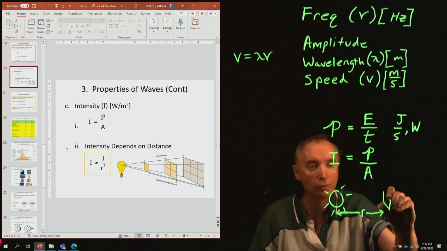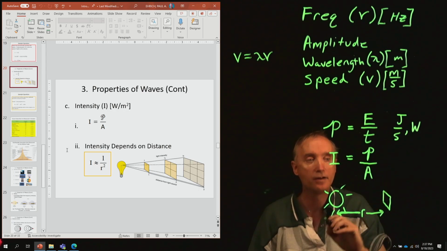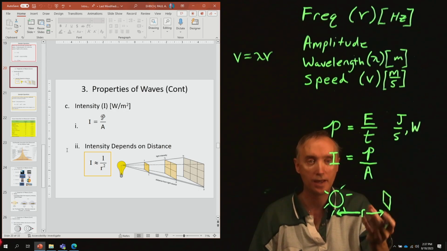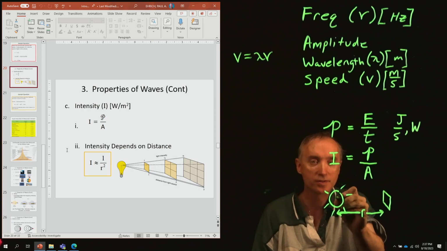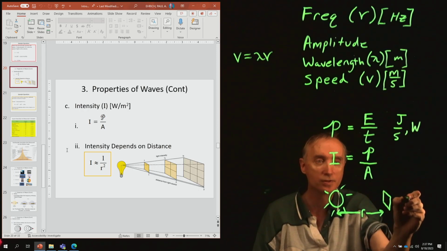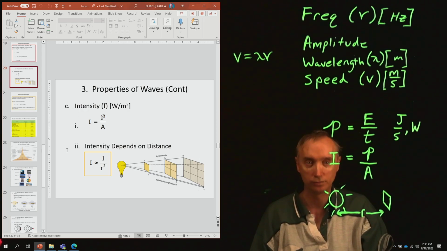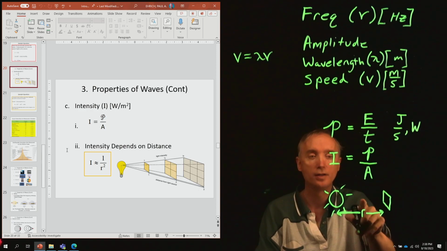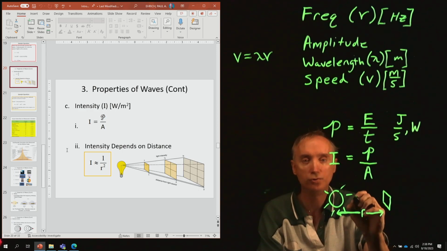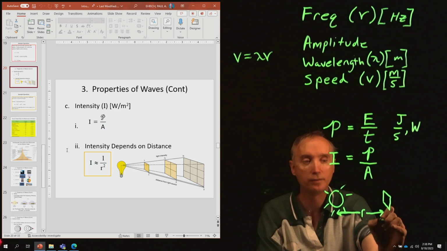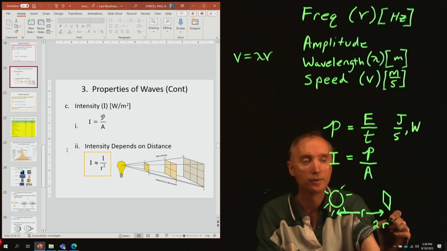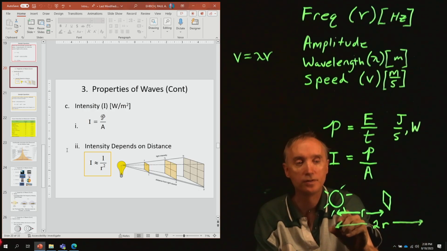Now this window is going to have a certain area A, and some of this light is going to pass through that window. Okay, now let's pretend that we go 2 times further away. So now 2r is the distance from here over to here.